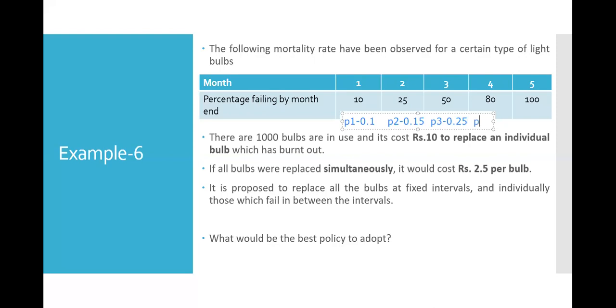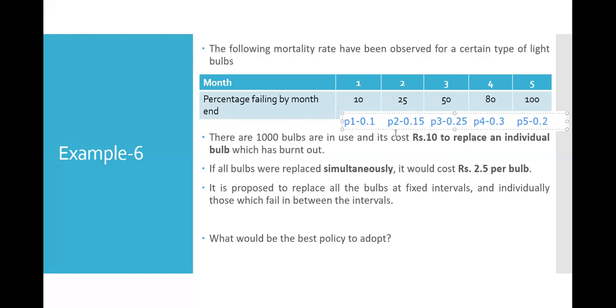Then P4 would be 80 minus 50, which is 0.3. And P5 would be 100 minus 80, which is 20, so it is 0.2.